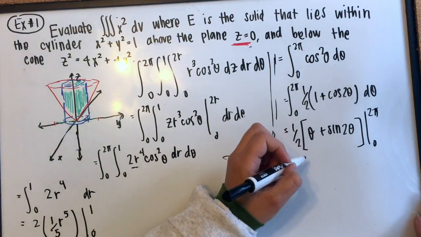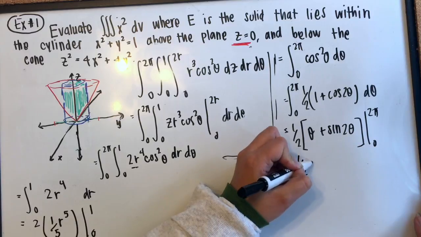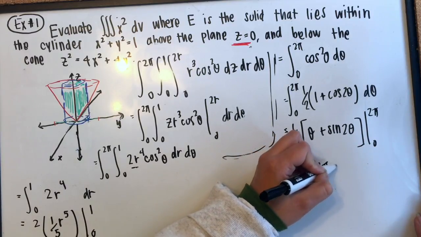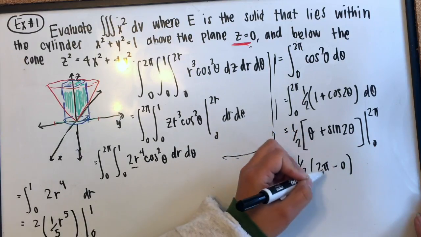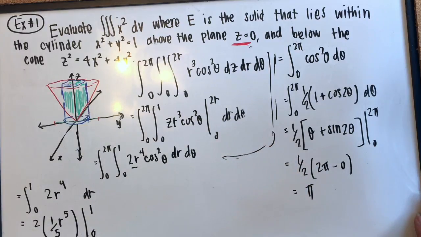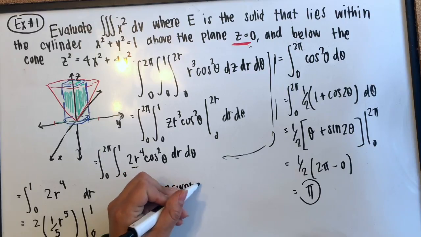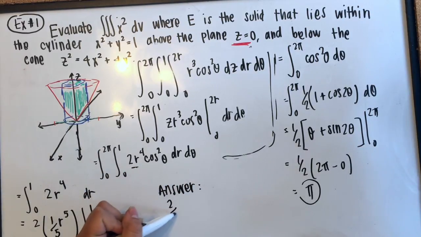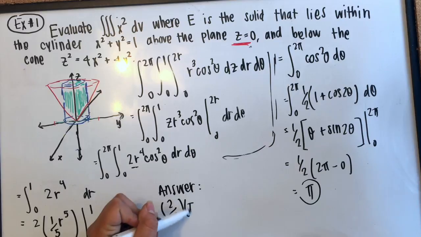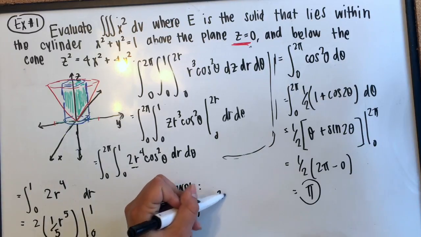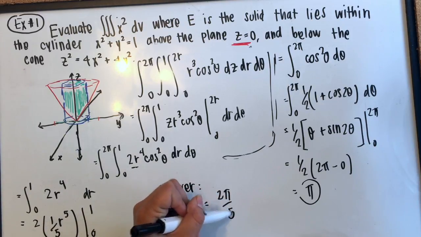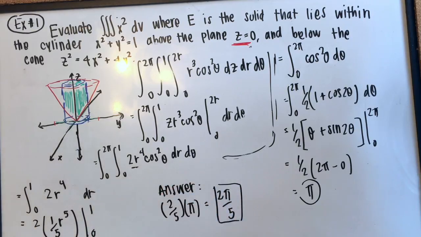And so that just becomes 1/2 times 2 pi minus 0, so we get pi. Therefore now we multiply these two together. So our answer is 2 over 5 times pi, which is 2 pi over 5. And that's our answer.